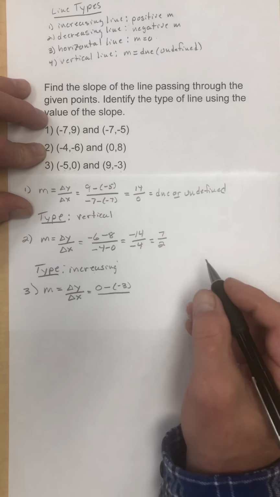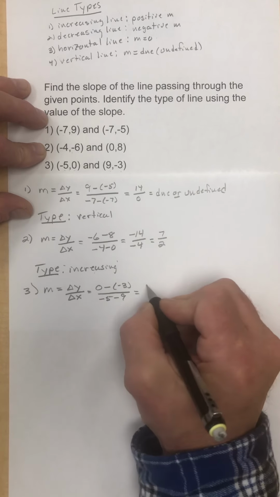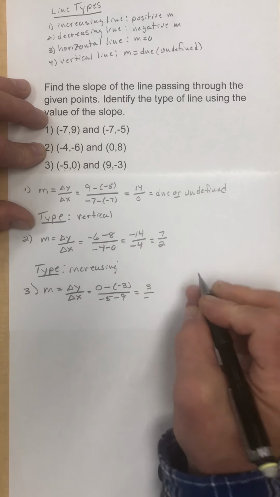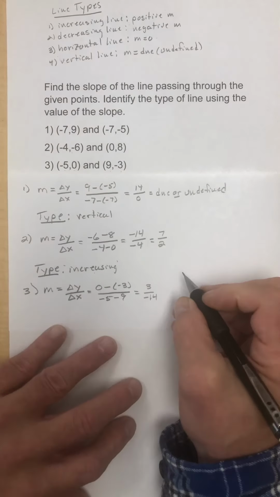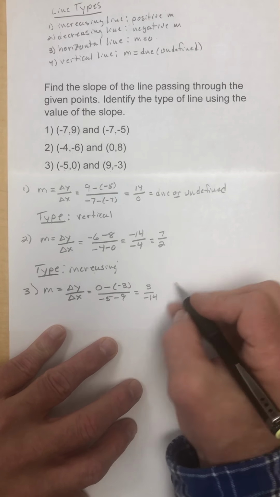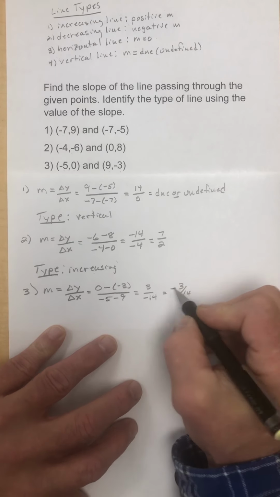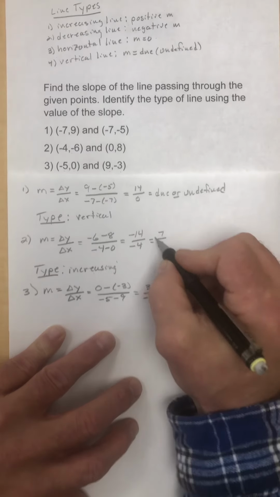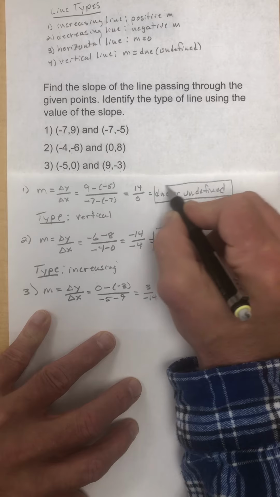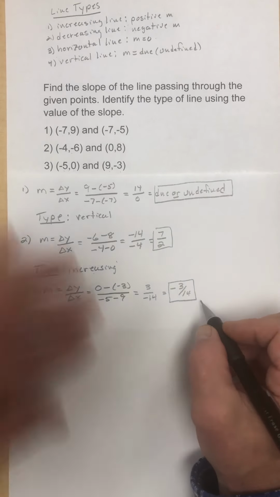That gives me a positive 3 over a negative 14. And remember, we don't like to have negatives in the denominator, so move it out front or up above. It doesn't make any difference. So I'm going to write it as negative 3/14. There's my slope. Now, that's a reduced fraction, so I can't do anything else with it.